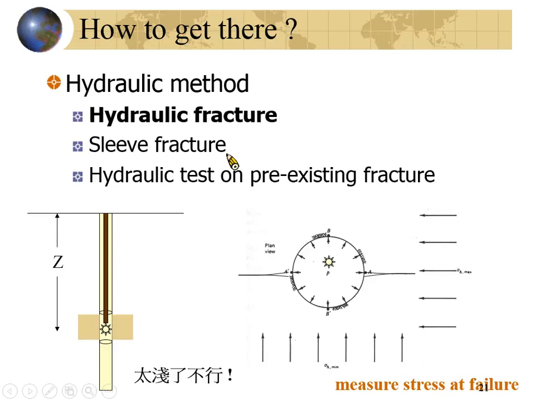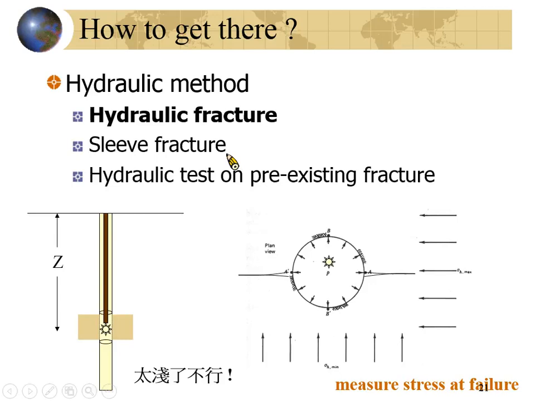So near the surface, the K could be relatively high. The K will be the ratio between horizontal stress and vertical stress, right? So if K is larger than 1, it means the horizontal stress is larger than the vertical stress, especially in the lower part. You still remember, okay?